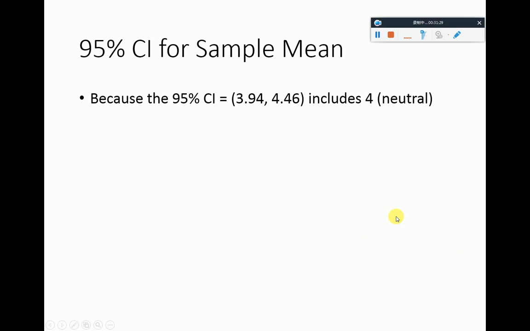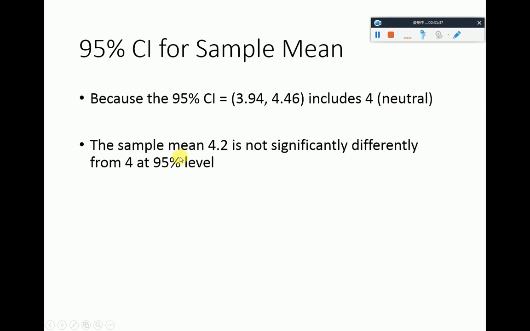So in other words, because this 95% confidence interval includes the neutral point 4, the sample mean or the point estimate of 4.2 is not meaningfully different from the neutral point at 95% confidence level. That is, in terms of absolute value, of course, 4.2 is different from 4.